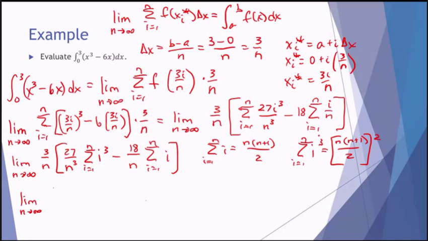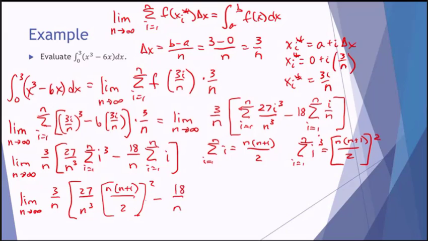We'll have 3 over n times 27 over n cubed. Instead of the sum of i cubed, I will have n times n plus 1 over 2 quantity squared. And then we'll have minus 18 over n, and in place of the sum of i, we will have n times n plus 1 over 2. Okay. The good news is all the summation notation is gone.